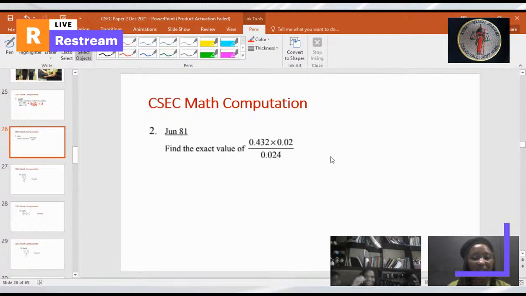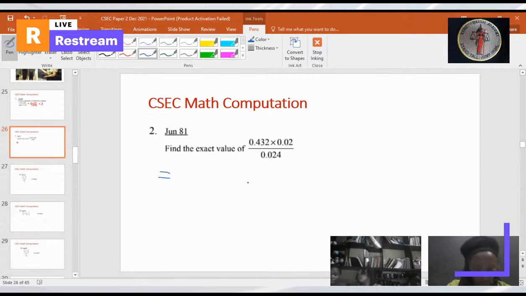Okay, Amari, you want to take this one for me? June 81. Find the exact value of 0.432 times 0.02 divided by 0.024. Okay, Amari, go ahead. Could you speak up, please?